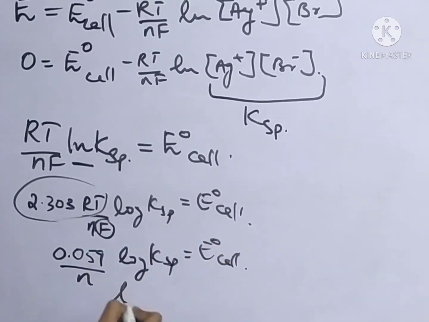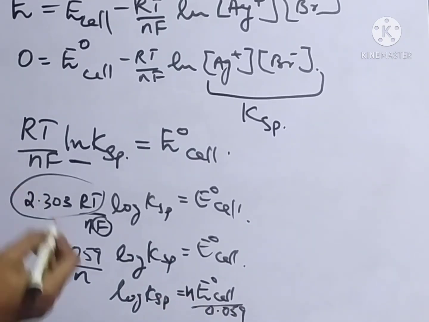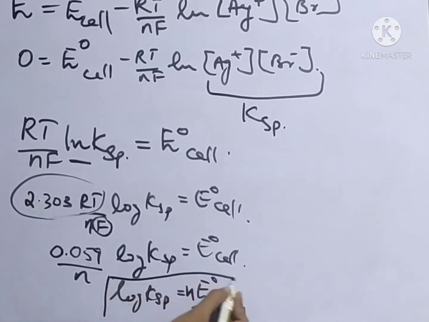So log KSP equal to E0 cell divided by 0.059 into N. So from this equation we can calculate solubility product KSP.